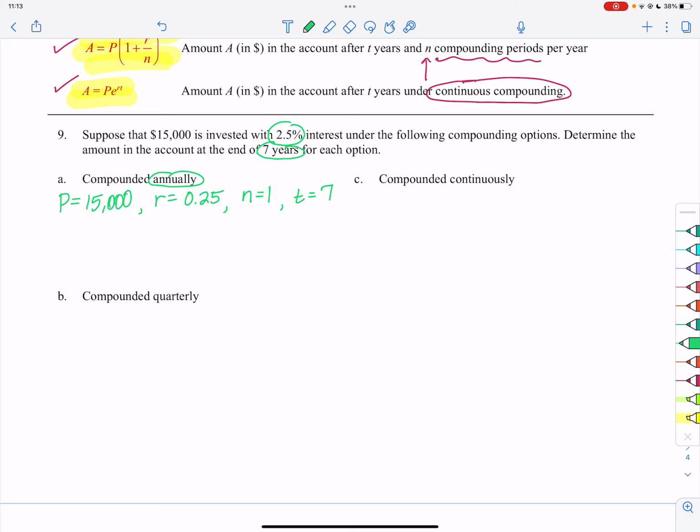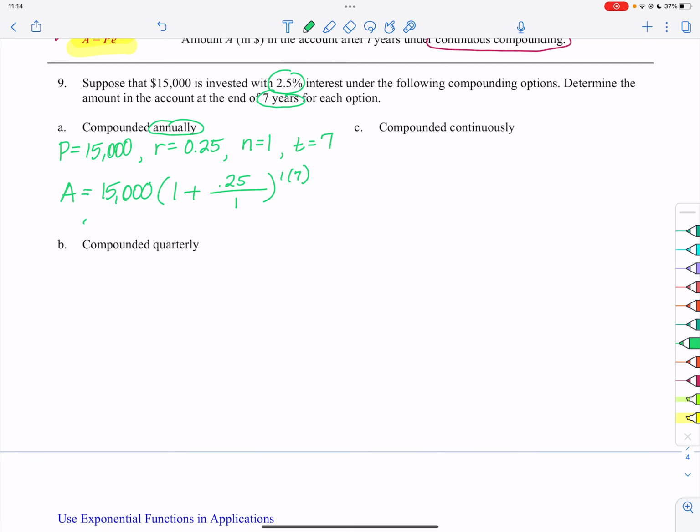So now the amount is 15,000 times 1 plus 0.025 divided by 1, all raised to the 1 times 7. And if you put this in your calculator, you will get $17,830.29.